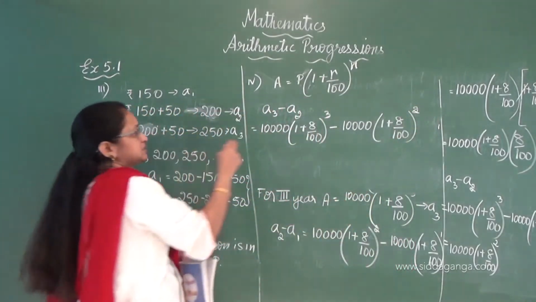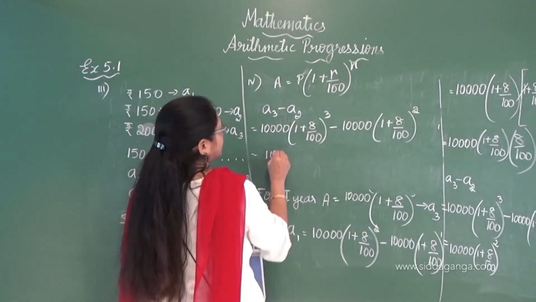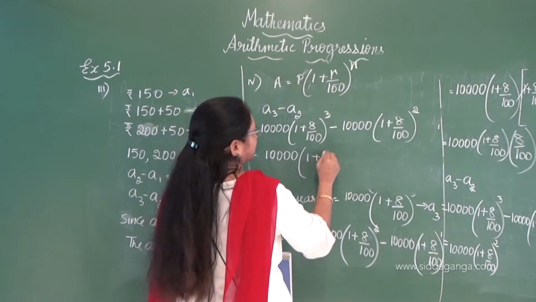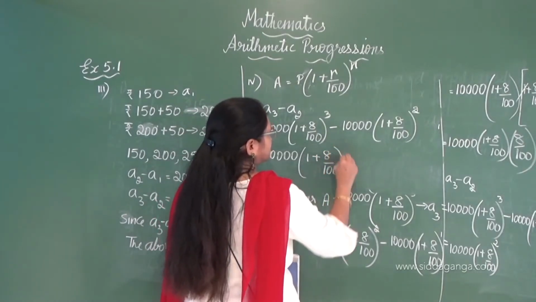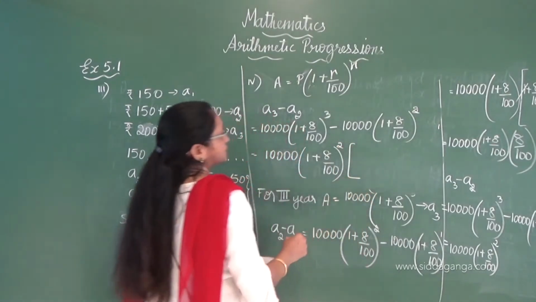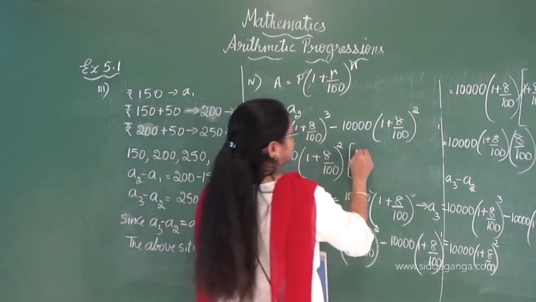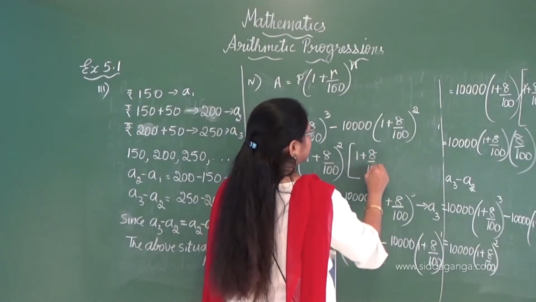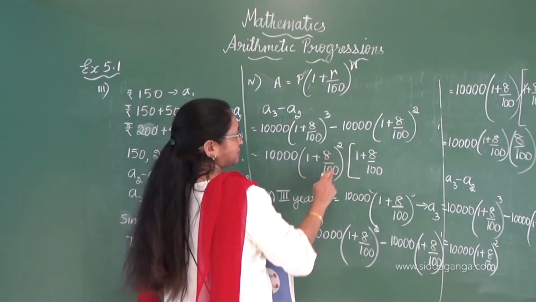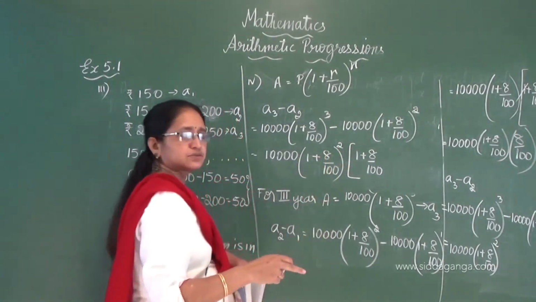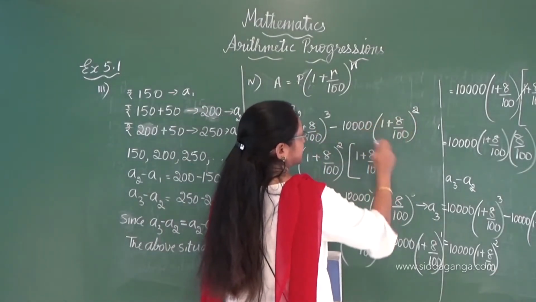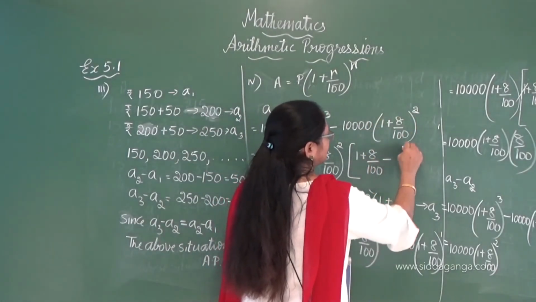Now A3 minus A2. So here 10,000, I am taking (1 + 8/100) to the power of 2 as common. Then 1 + 8/100 will remain here because here I have taken (1 + 8/100) to the whole square. So here 1 + 8/100 is remaining and in this case minus 1.